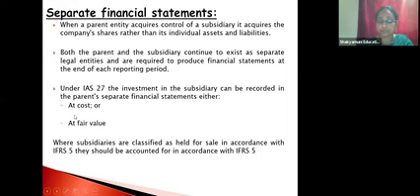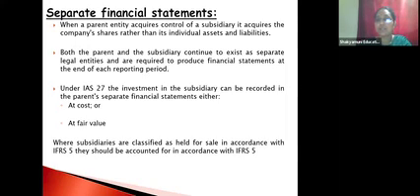Take an example. Parent A purchased 80% shares of B at a price of $2,000, right? So what entry will the parent pass? The parent will pass debit investment, credit cash, right?